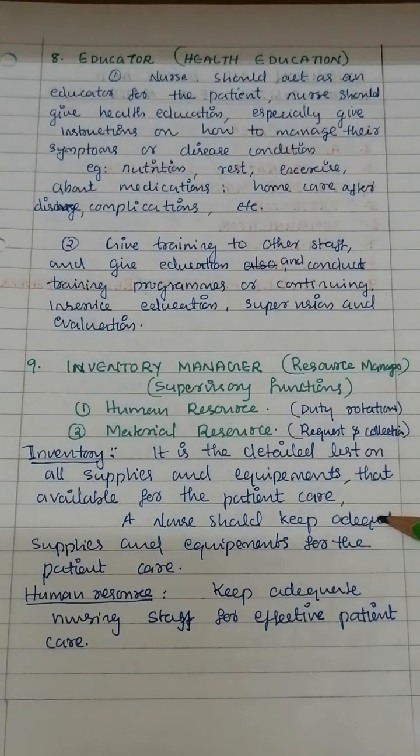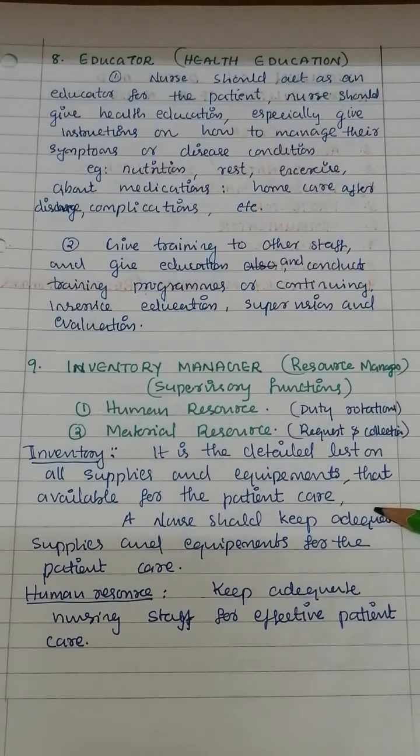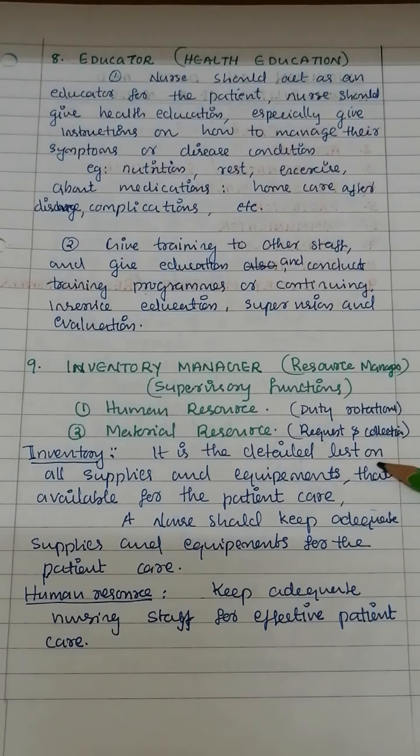For example, syringes, needles, or other machines and equipment to provide better care for the patient. All these equipment, materials, or supplies come under inventory, and the detailed list of them we call inventory.